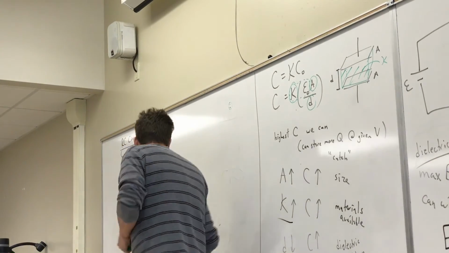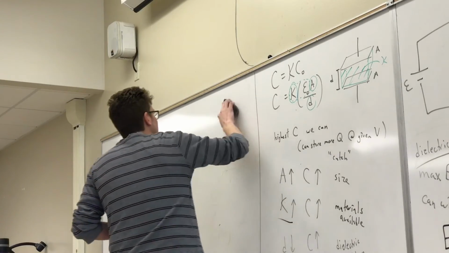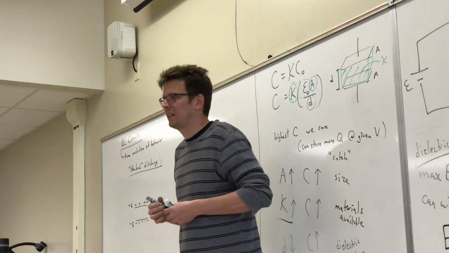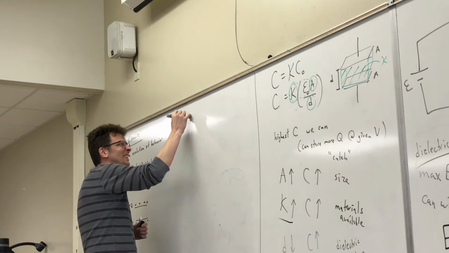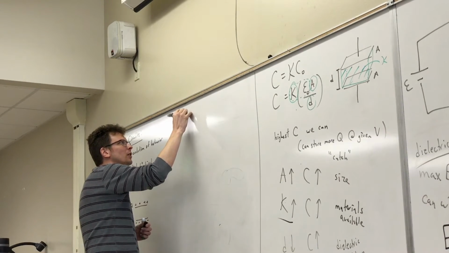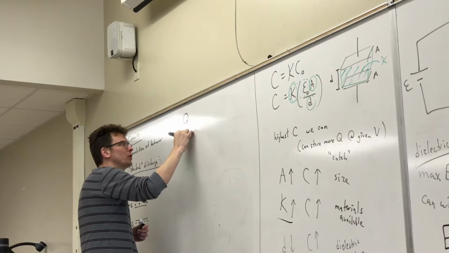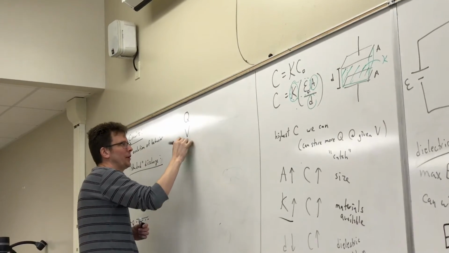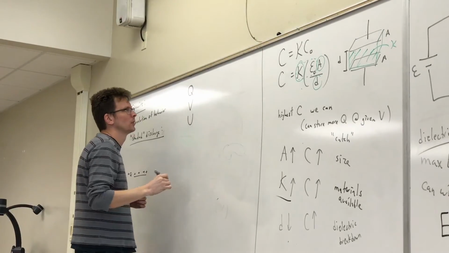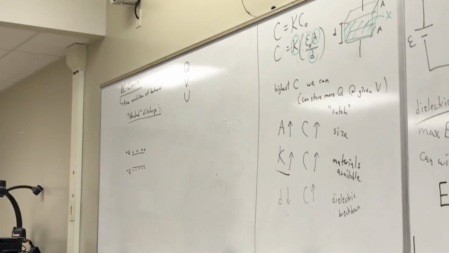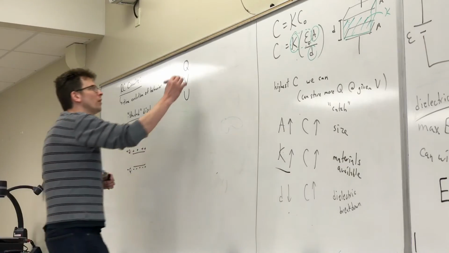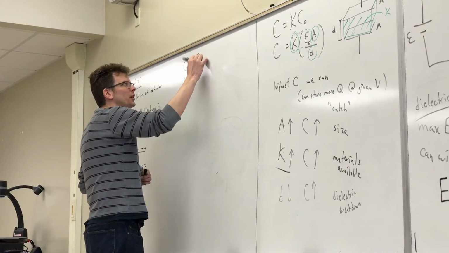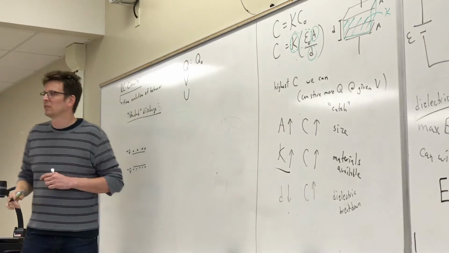Let me set myself up here by discussing all the properties of this capacitor. So let's talk about charge, voltage, energy. Okay, that's a good list. That's pretty much it. So initially, I'll say that the charge on each plate is Q naught.